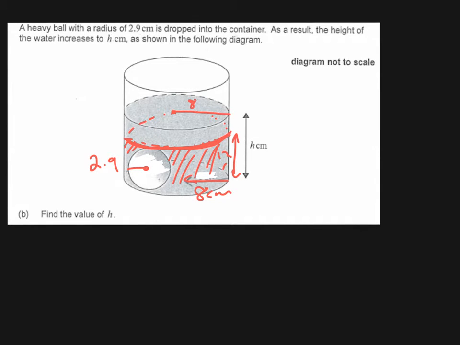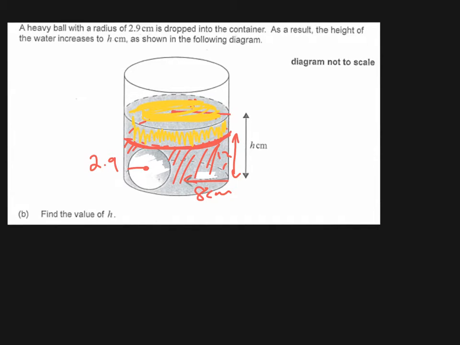So it's going to force up the volume of water into this area here, this kind of yellow area here. And effectively, therefore, you've got a top slice of the cylinder, which represents the volume of water that has been forced up. And that volume of water that has been forced up is going to be the same as the volume of the sphere.